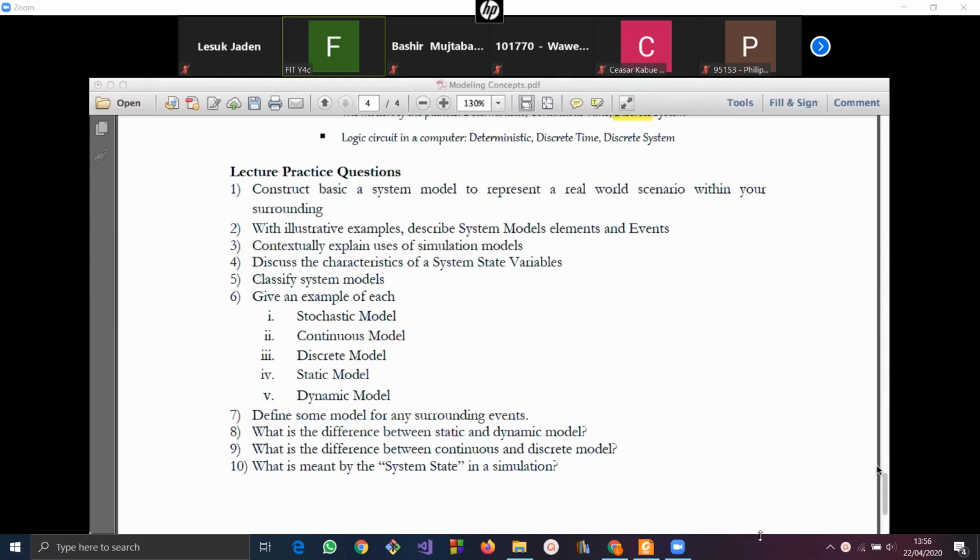Let's start with the group where Nicholas Mimba was. Nicholas Mimba, who was your chair? Oh, sorry. Yes, our chair was Sam Mulwa. Oh, Sam Mulwa, yes.